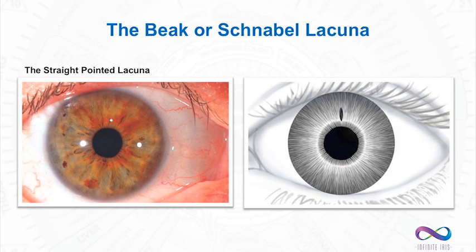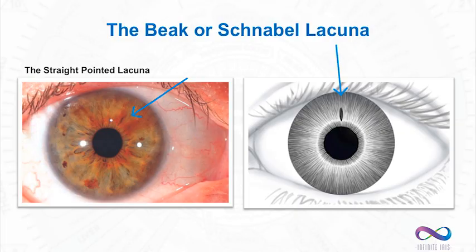Here we have a very interesting little lacuna called the beak lacuna. This lacuna is a sharp, small little lacuna that beaks into the collarette. It's also been called the Schnabel lacuna. Schnabel means beak in German. When it beaks into the collarette, the straight pointed beak, it affects the entire nervous system.